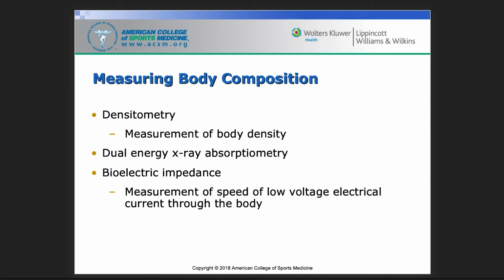So the principle behind this is that it's low voltage, and the impedance actually comes from fat. So the slower the current is flowing through the body, the more fat somebody has, because it's actually going to be flowing really nicely through muscle tissue, because muscle tissue is full of water, but also electrolytes, which helps it flow much quicker. But it's going to slow down through fat, because fat doesn't have a lot of that. It mostly just has fat.